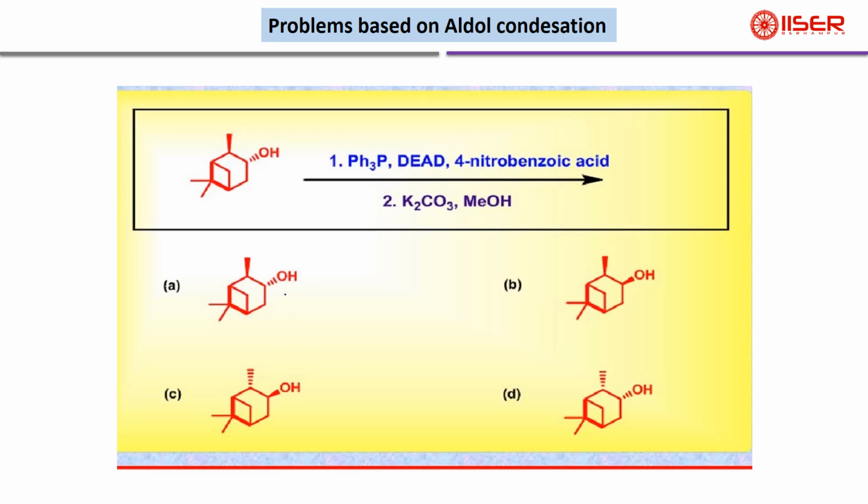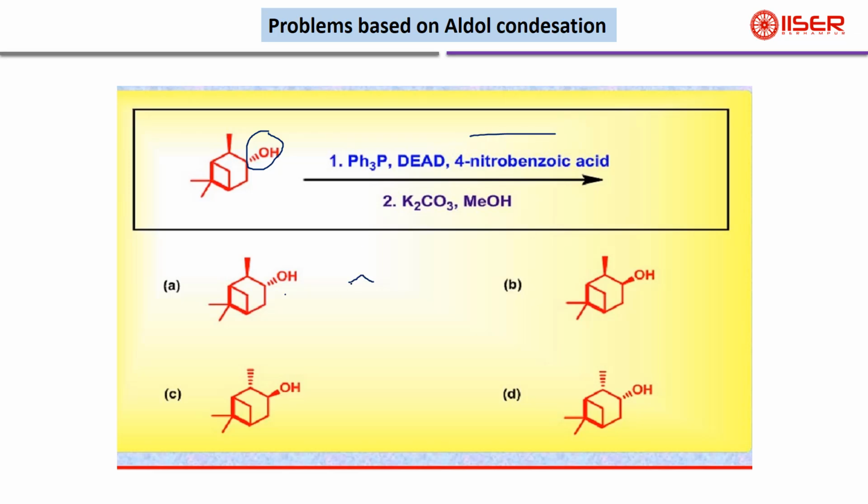Whenever, as I said, there is an OH group and this reagent combination is given, this is a Mitsunobu reaction, and wherever the OH is, the incoming nucleophile will be just opposite to that. As the OH group is below the plane, this 4-nitrobenzoic acid will be above the plane.